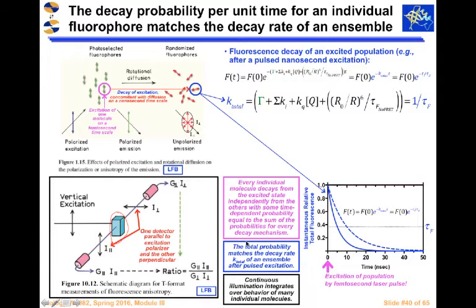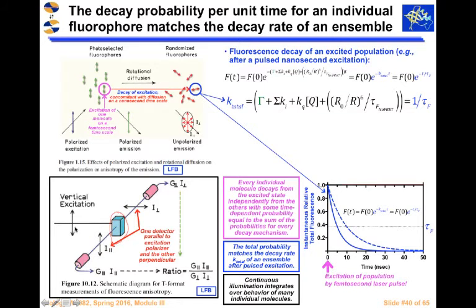Okay. So one final point. Although you can do these kinds of pulsed experiments, where the light is turned off for a short period of time and you watch over a nanosecond time scale the decay of the population, usually in an experiment what we're doing is continuously exciting the population.